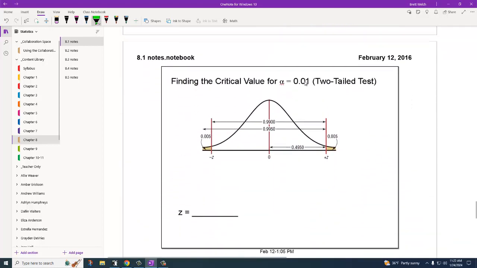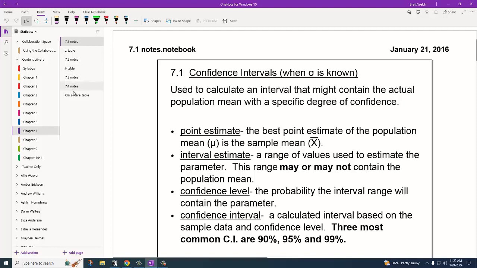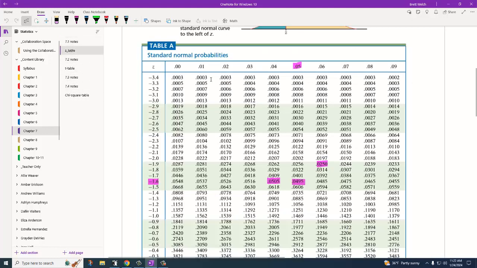So let's do the critical value for 0.01 if it's a two-tailed test. At 0.01, because it's two-tailed, I have to cut it in half, which means I'm looking for 0.005 on the left or 0.005 on the right. Because of symmetry, if I go back to chapter 7, grab my z table, I'm just looking for 0.005.